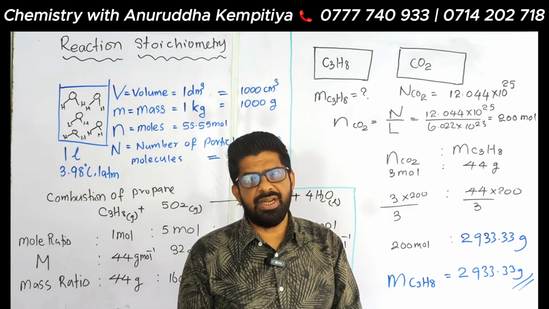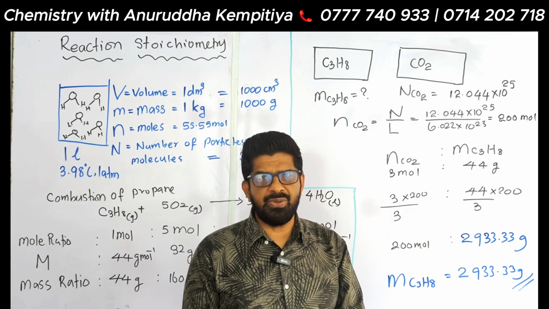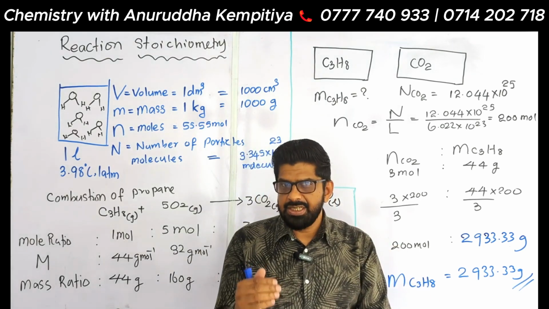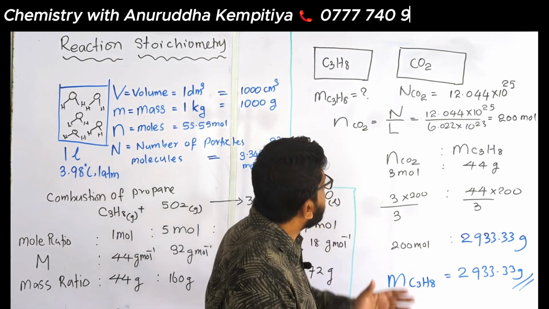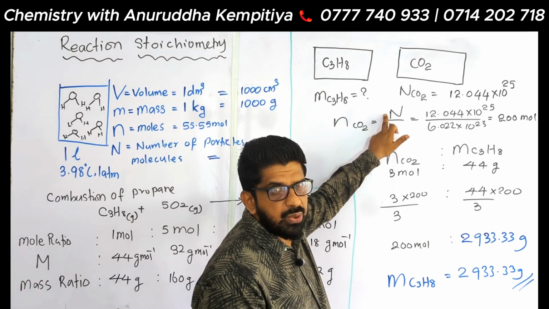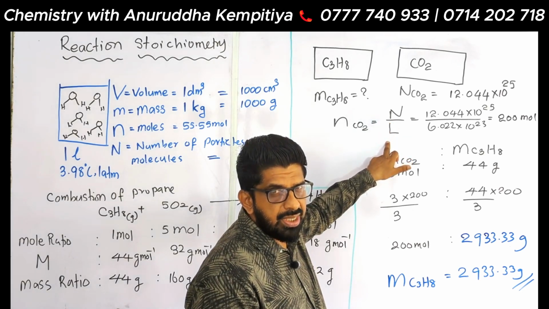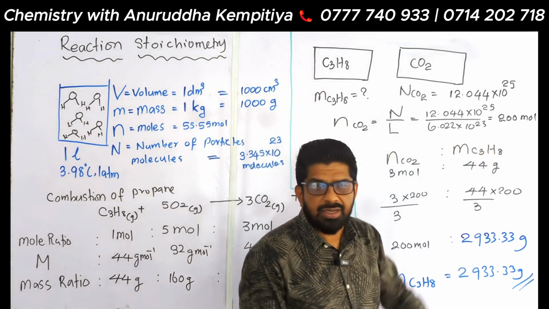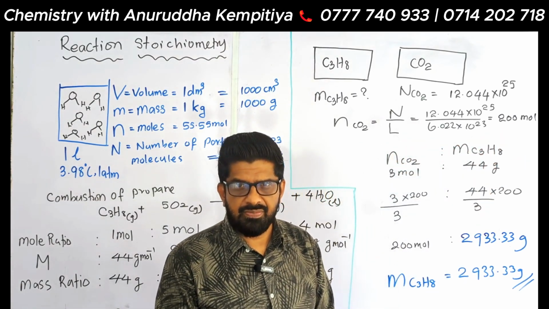I could use it directly, but that is a little confusing. I can use this equation: number of molecules divided by Avogadro number is equal to number of moles. So I am getting 200 moles of carbon dioxide.